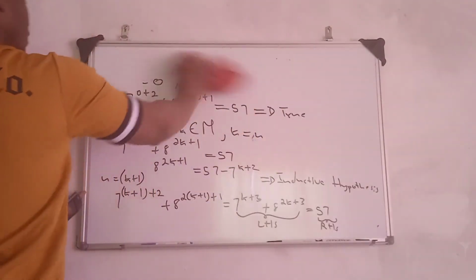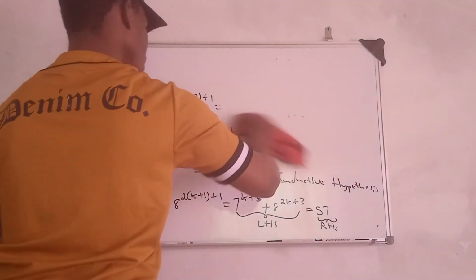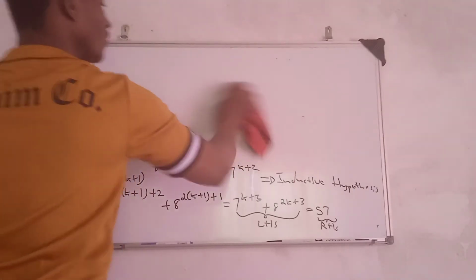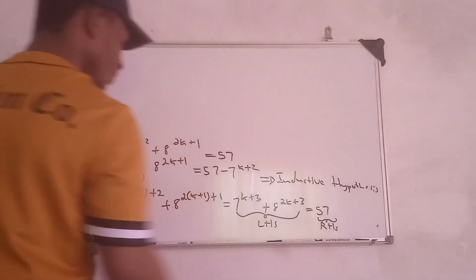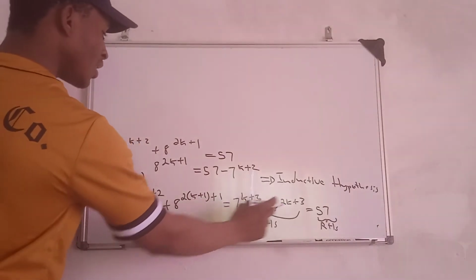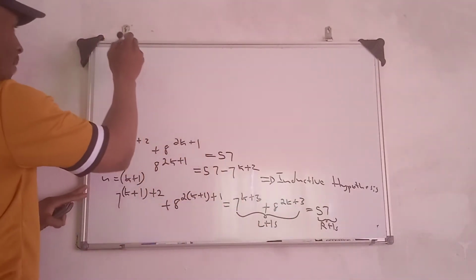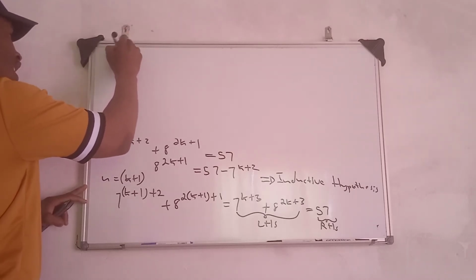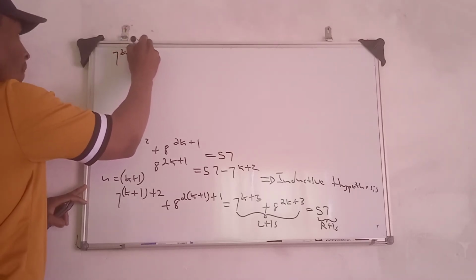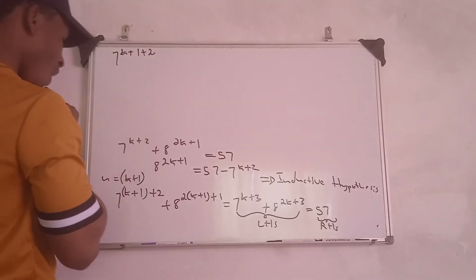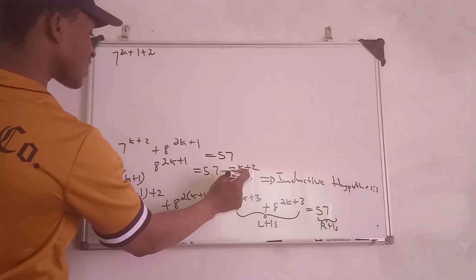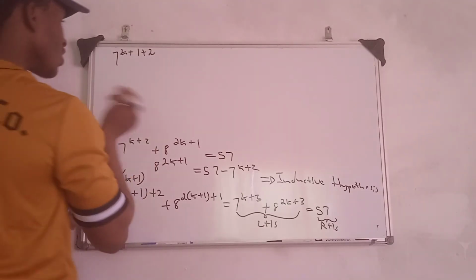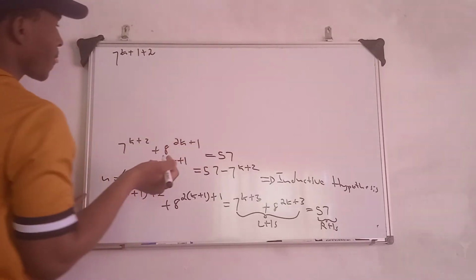So let me erase this part. I can rewrite this again in a manner like 7^(k+1+2). Why? Because I want to have k plus 2 here, so that I can substitute if I want.